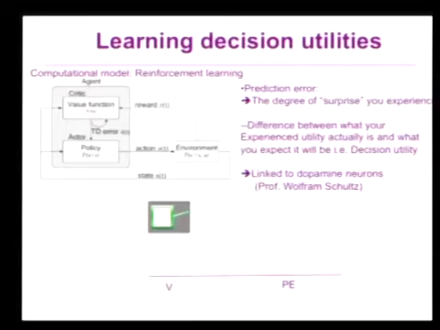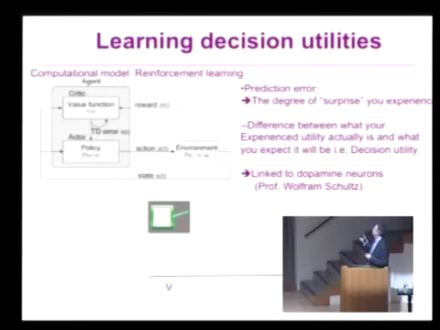We're always making predictions, and that's our expected utility or decision utility. And our prediction is either confirmed or disconfirmed by the experienced utility we receive. The difference between what we expect we're going to get and what we actually get is the degree of surprise that we have. And that's called prediction error.